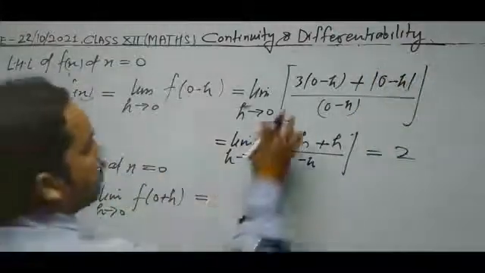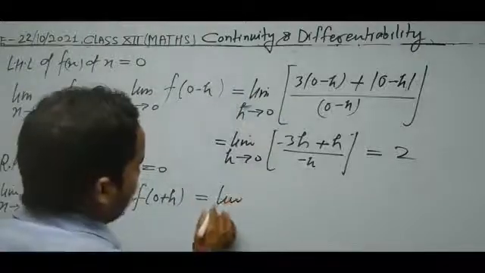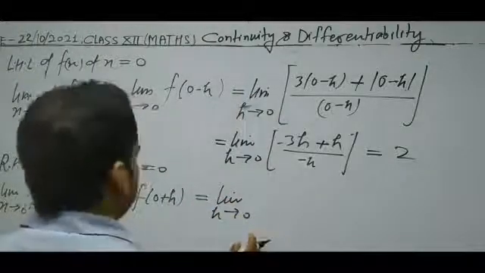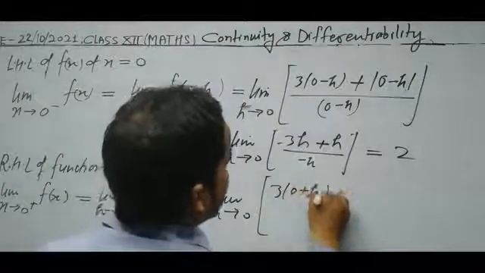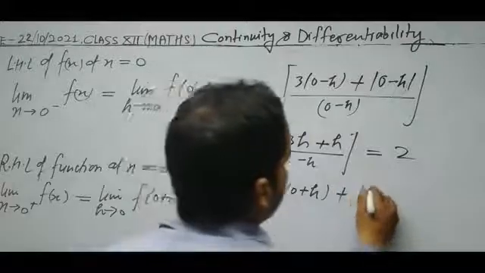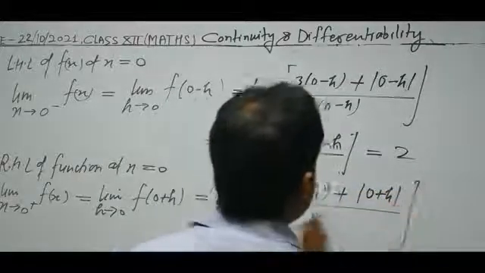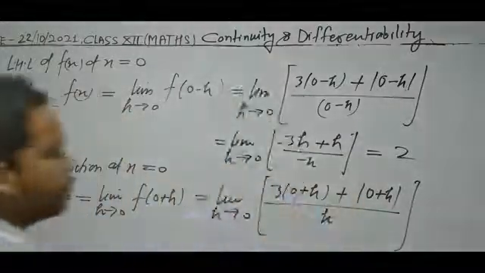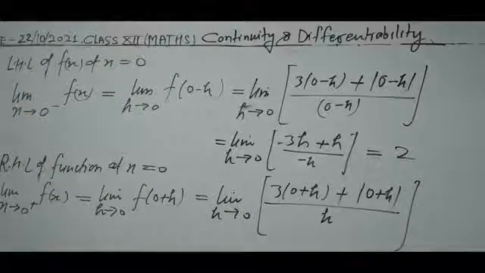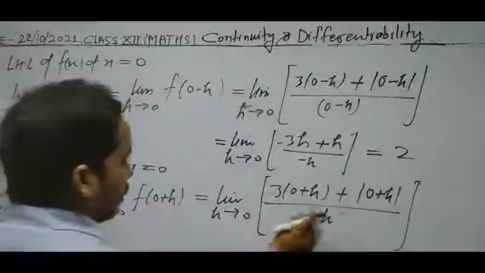So limit h tends to 0 of 3(0 + h) + |0 + h|, whole upon h. After calculation, you will get 3h and h, which is 4h by h.